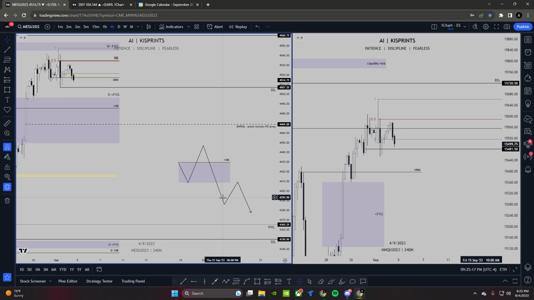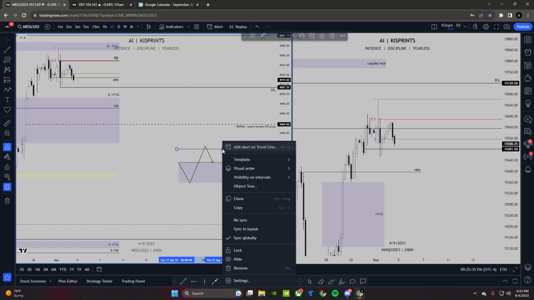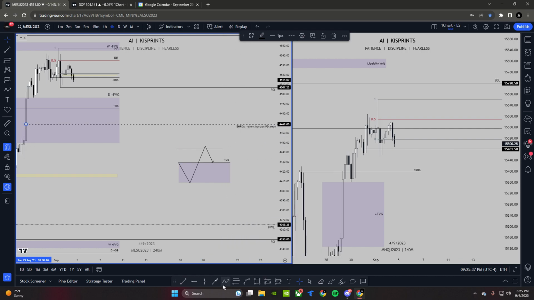So if we ignore this for now, in this real-time scenario, we have a low, a liquidity sweep, and here, what if we tap into a higher time frame PD array here? Let's say this right here is our weekly fair value gap that we were mentioning.